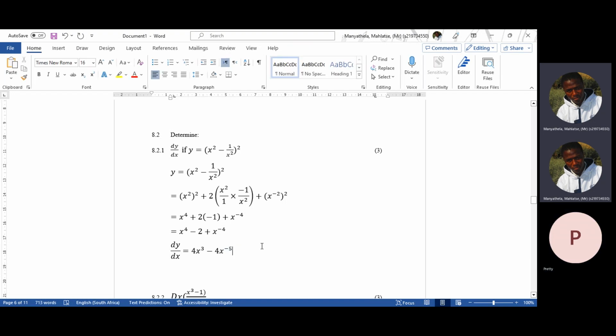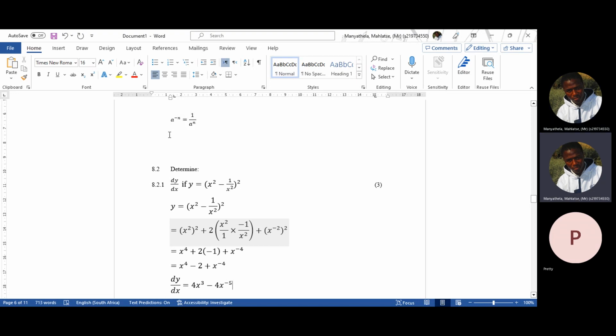But if you want to write it with a positive exponent, because it was given with a positive exponent in the question, like 1 over x squared, then you use the rule a to the exponent negative n equal to 1 over a to the exponent n.